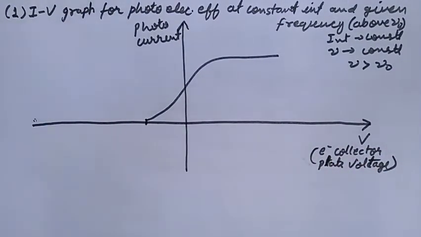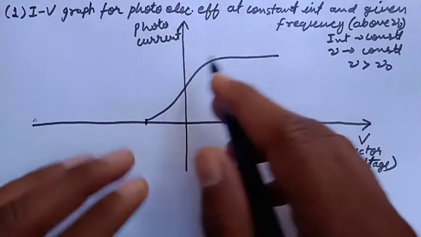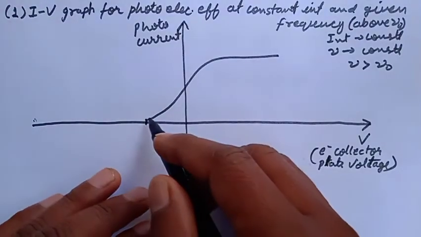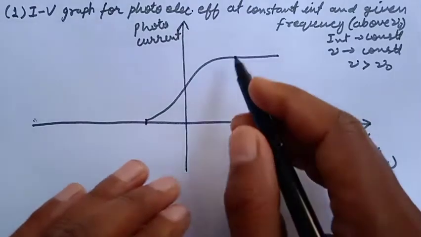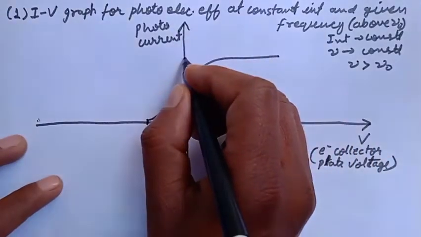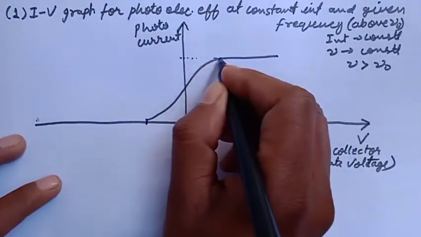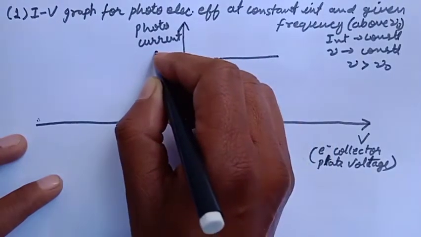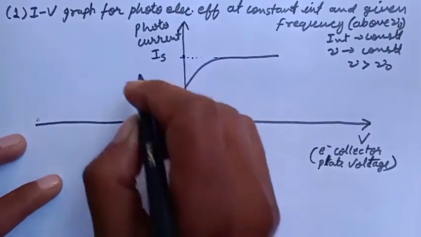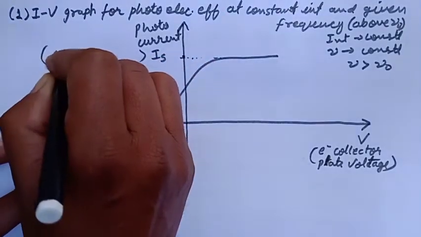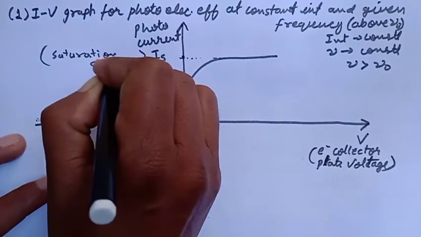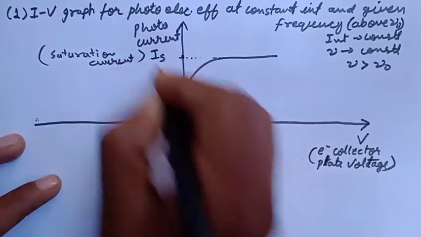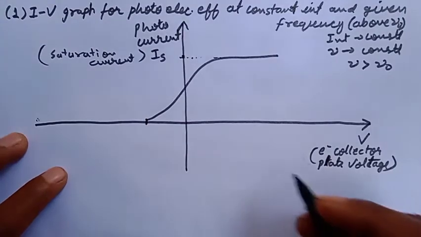So it is a typical graph. Its slope can vary, but you can see it is not a perfectly linear one, and here we have a constant value. I'll mark different parts. It is called saturation current, I_S.